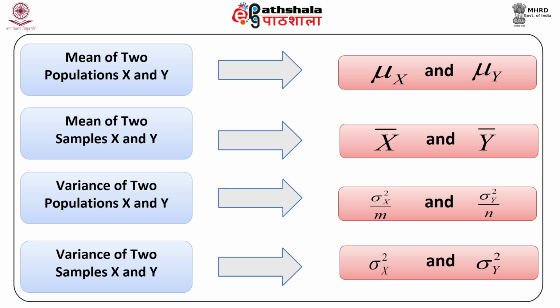The variance of the sampling distribution of x bar will be denoted by sigma x square by m, where sigma x square is the variance of the first population and m is the size of the sample from that population. Similarly, the variance of the sampling distribution of y bar could be denoted as sigma y square upon n, and sigma y square and n are the population variance and sample size respectively in this case.